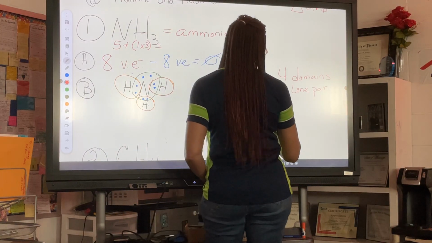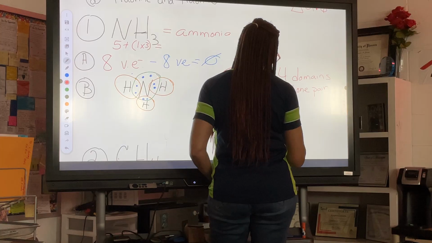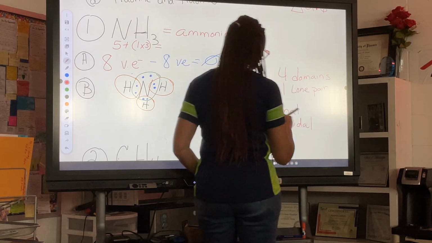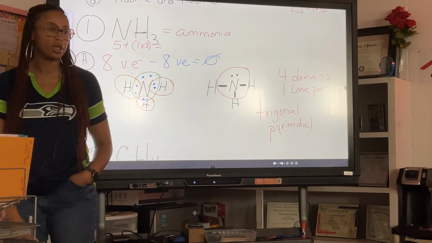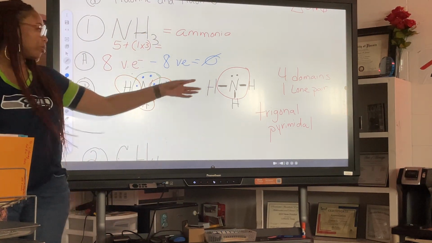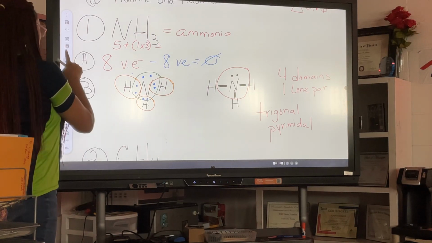Right, so that means the shape of this is trigonal pyramidal. It's a pyramid using 3 things. The 3 things at the bottom of the pyramid would be the hydrogens. Alright, y'all following?